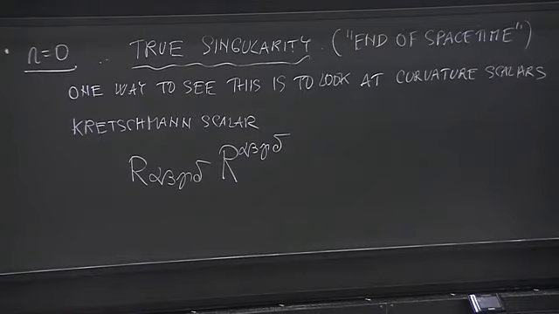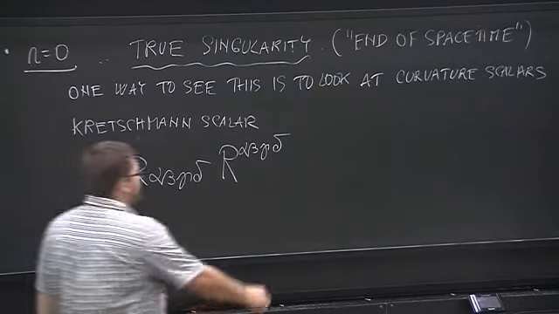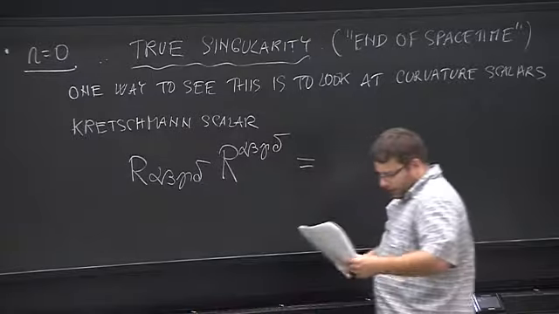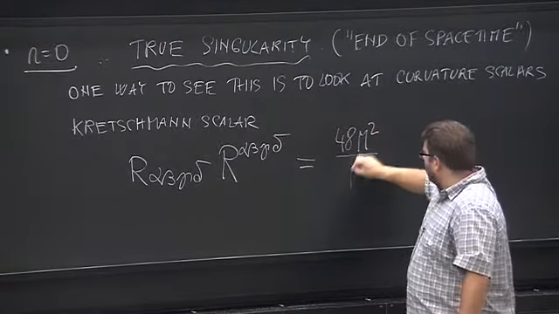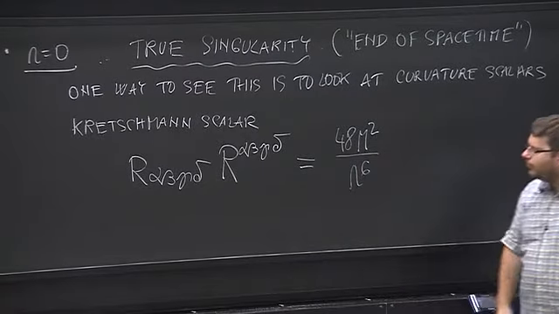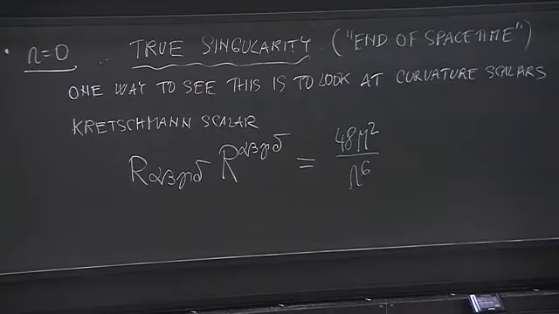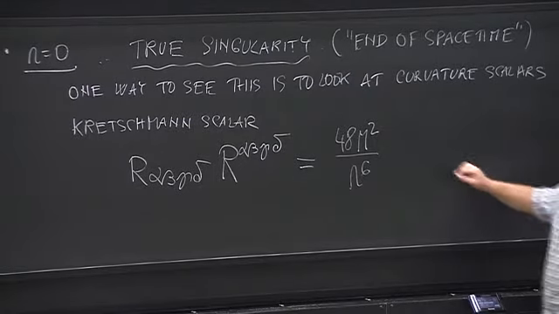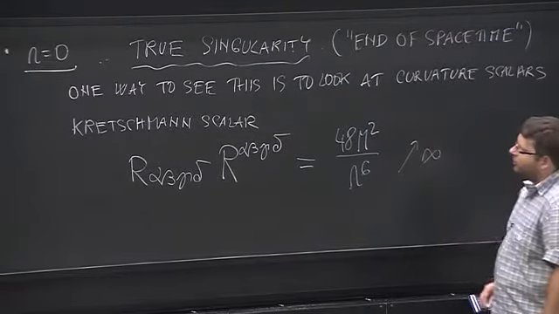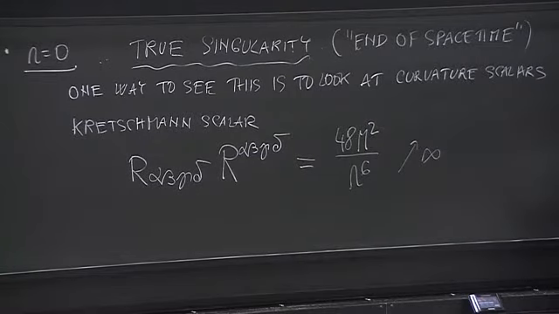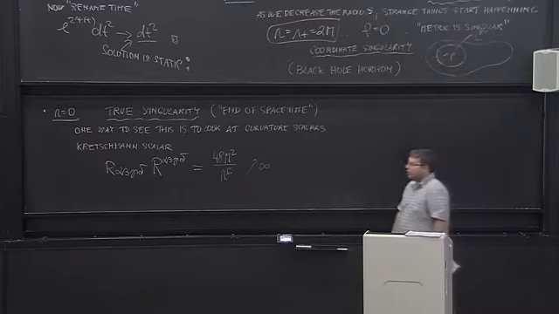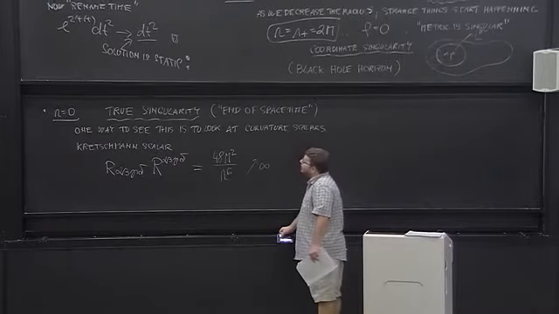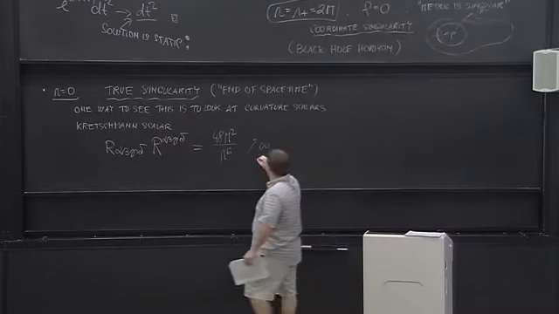That's a scalar, so it's observer independent. You find that this is 48 m squared over r to the 6. Of course, if I plug in r goes to 0, this blows up to infinity. That shows you that, if nothing else, there is a curvature singularity.